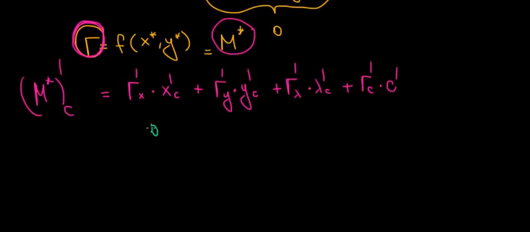This is just 0, this is just 0, and this is also just 0, which means that the rate of change of the optimal output with respect to the constraint is the rate of change of our Lagrange with respect to the constraint.